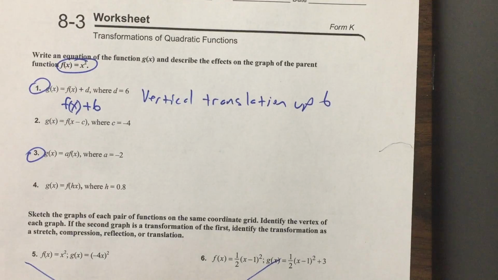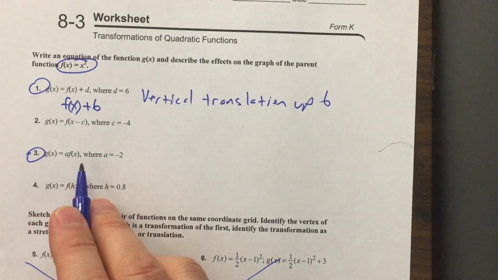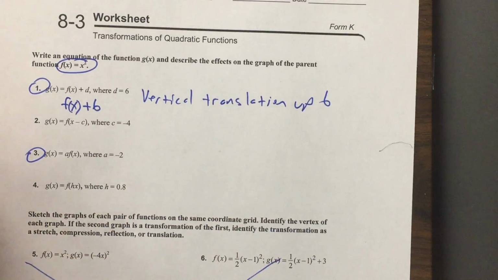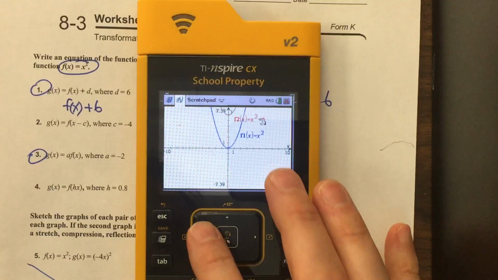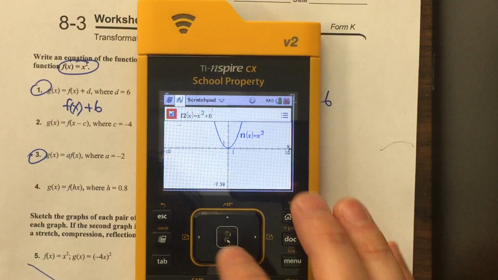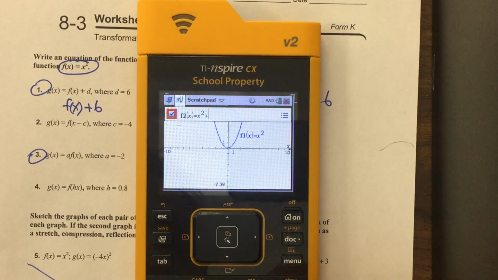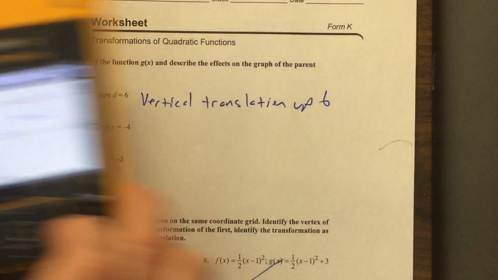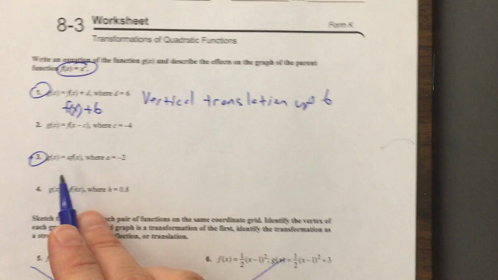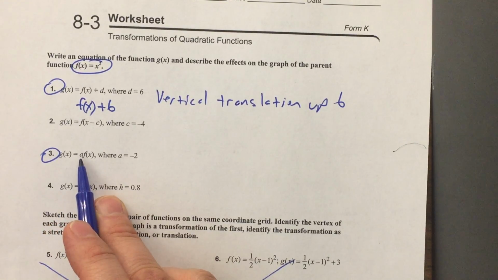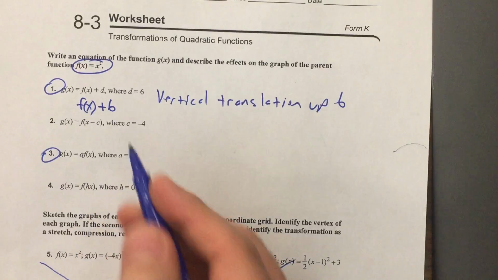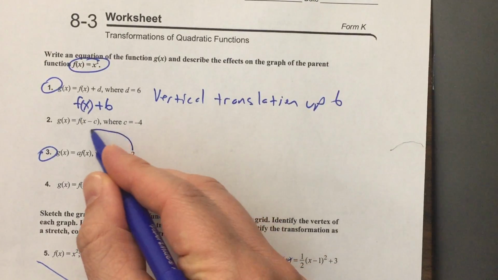Now let's do number 3 together. Number 3 is a little different. I'm going to show you how you can actually put these in the calculator. I'm going to get rid of my red equation because I don't need it anymore. Let's go ahead and put in this. So g of x is equal to a f of x, meaning we're putting a number in front now.